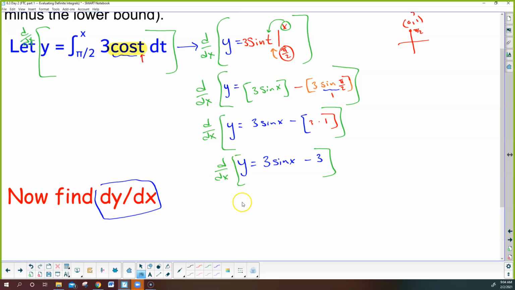Well, the derivative of y is dy dx. And then I'm going to take the derivative of 3 sine of x. So the derivative of 3 sine of x is 3 cosine of x. And the derivative of the negative 3, because it's a constant, is 0.